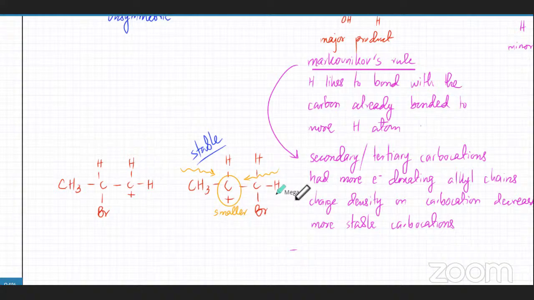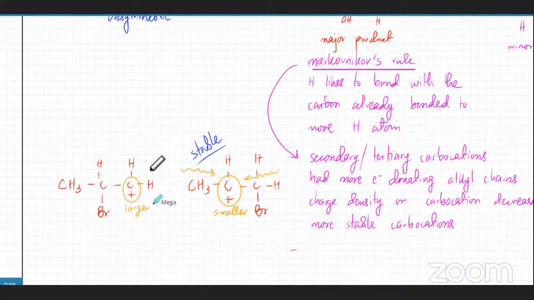And in the other case, the carbon is surrounded by hydrogen atoms and by more hydrogen atoms, and hydrogen doesn't have electrons. So it's not surrounded by a lot of electrons, and the charge over here is going to be larger.